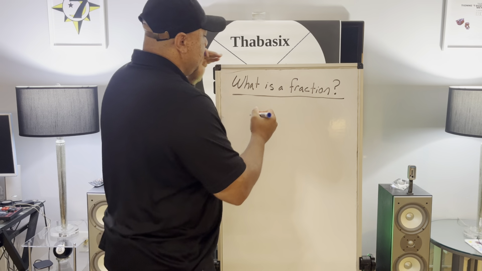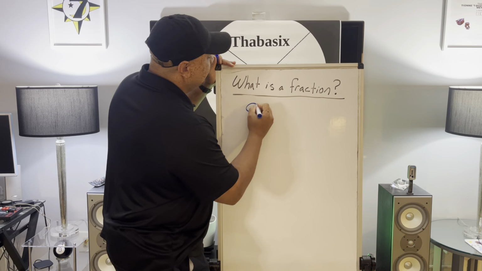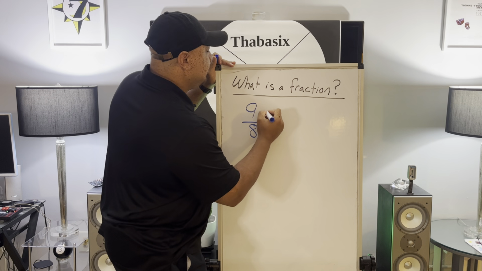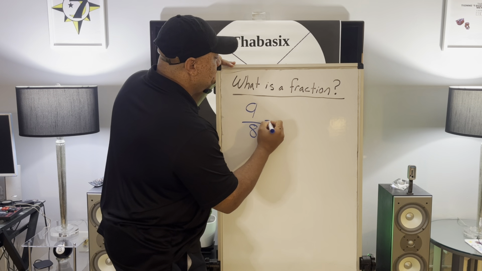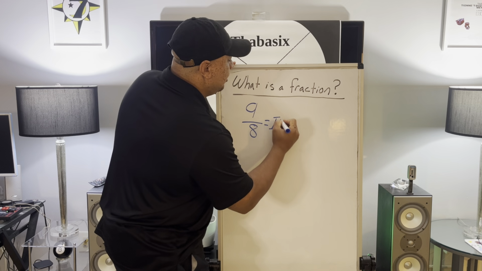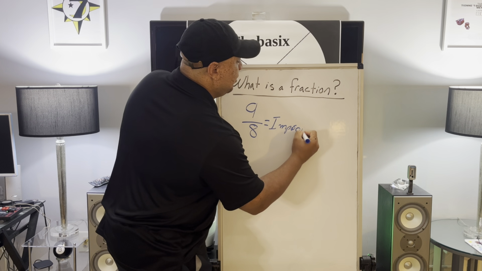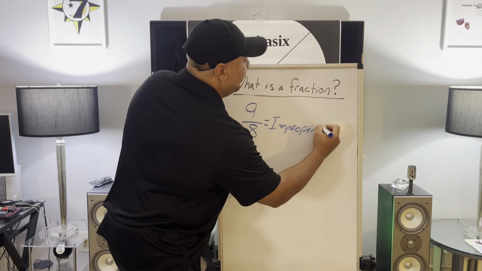So I'll write it as such. If I said 9 out of 8, this is now an improper fraction.